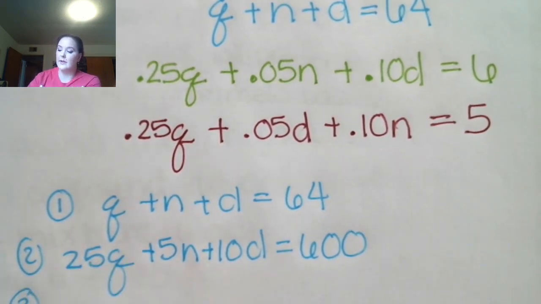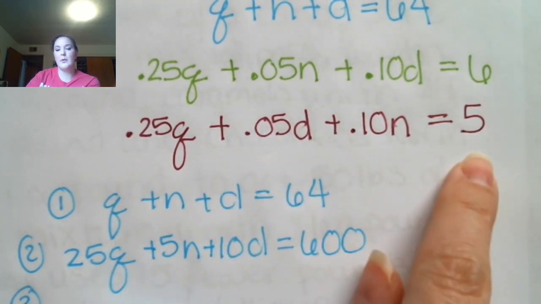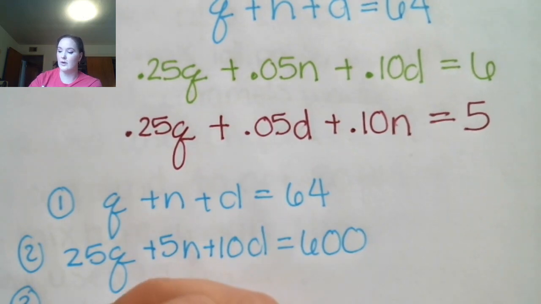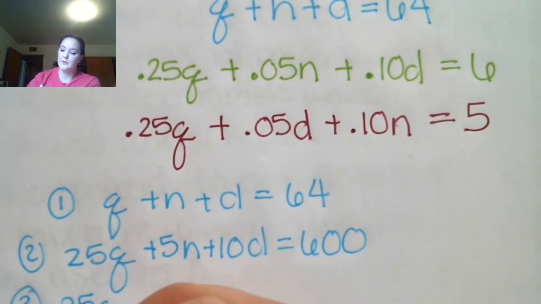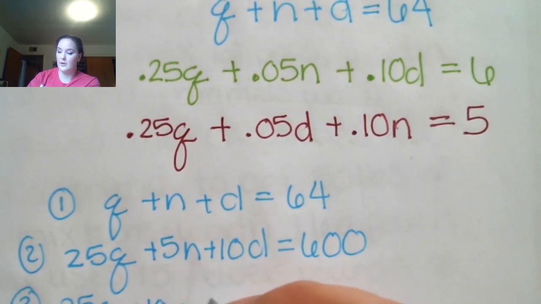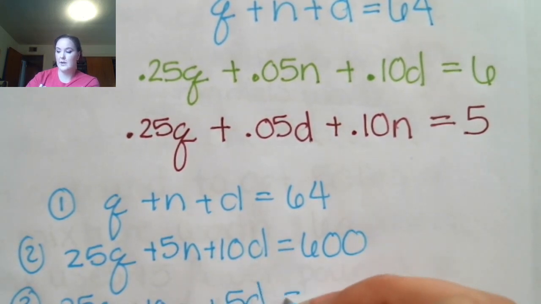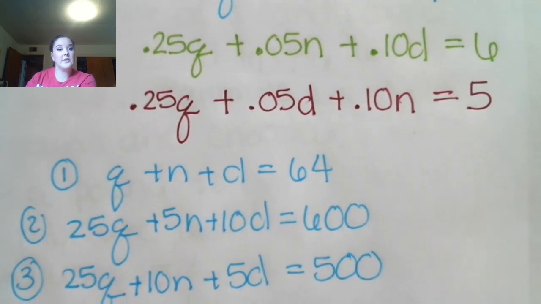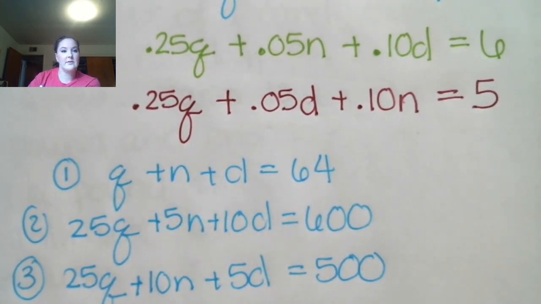And then the last one, I would not only multiply by 100, but I would rearrange the terms so that they're in the same order as the other ones. So I would have 25Q plus 10N plus 5D equals 500. That's the first thing I would do in order to solve this.